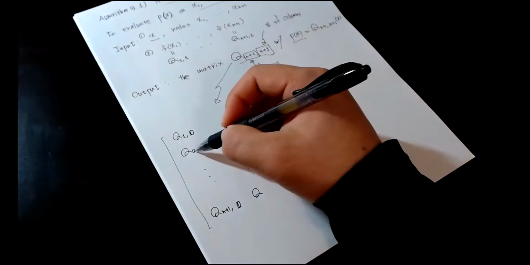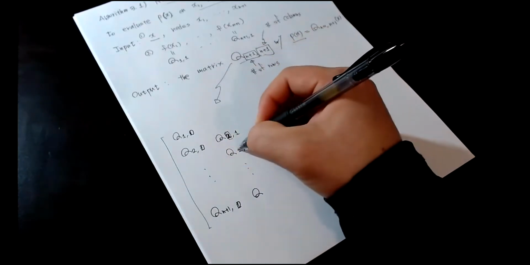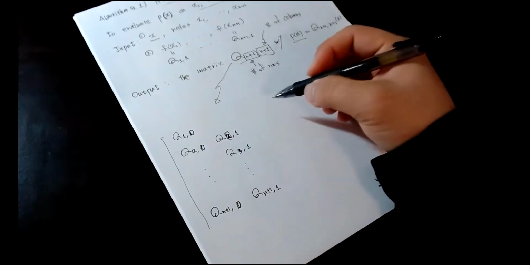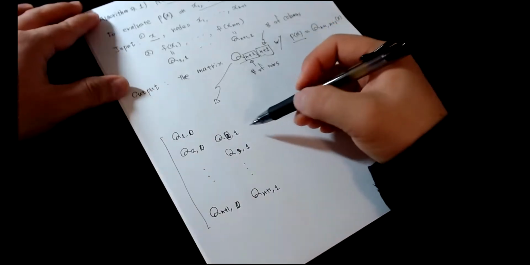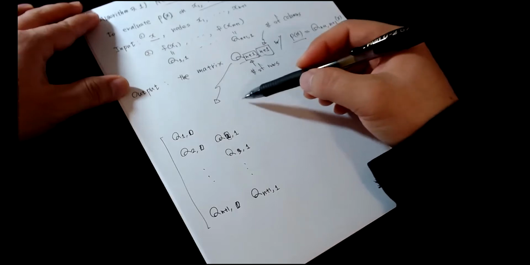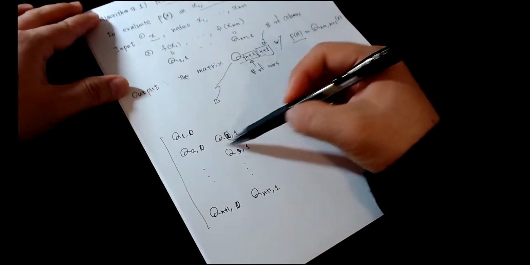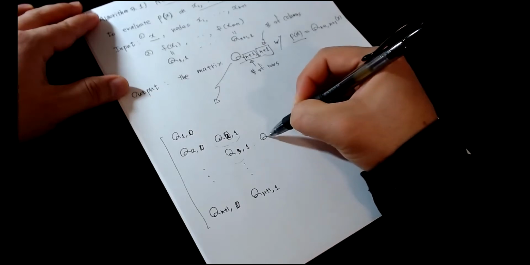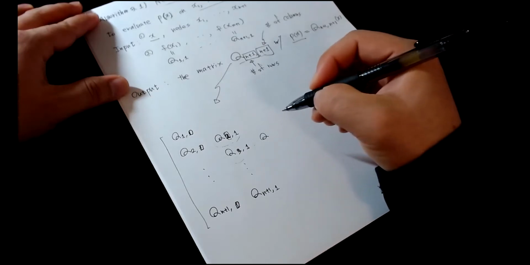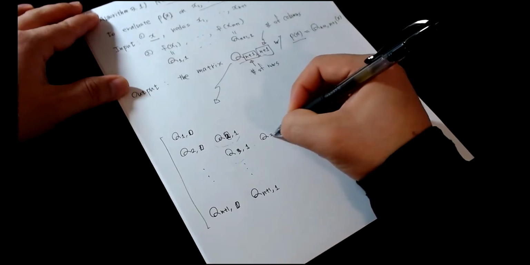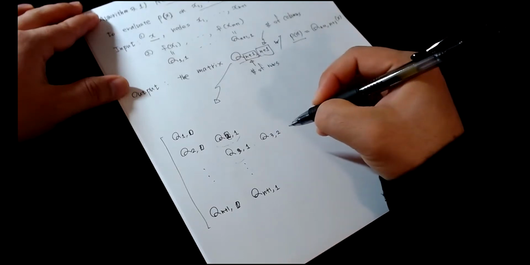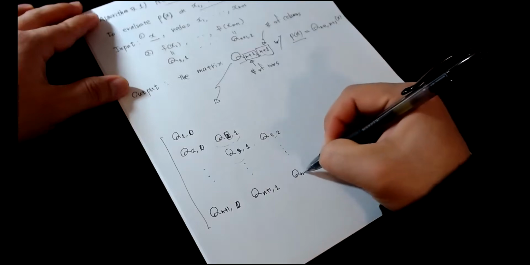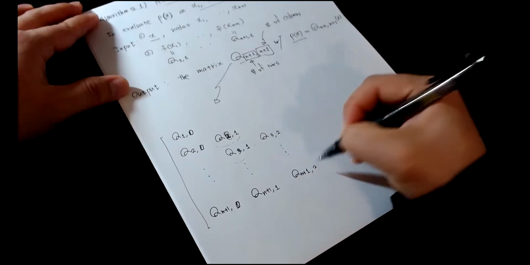So it's 2, and then 3, and then through n plus 1,1. And then for the third column, using those two pieces of information, we can construct Q 3,3 through Q n plus 1,3.